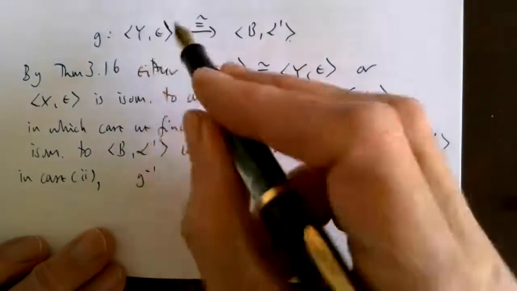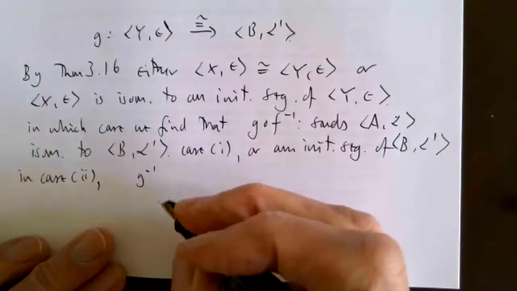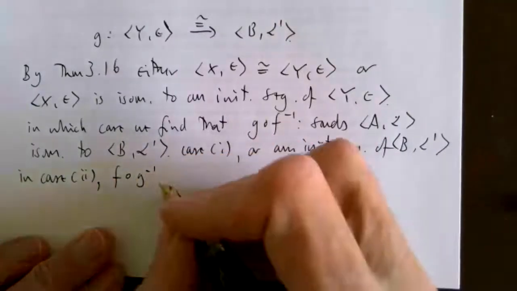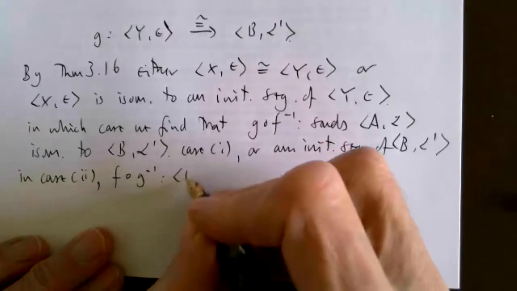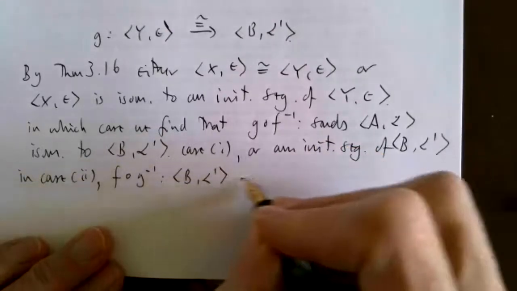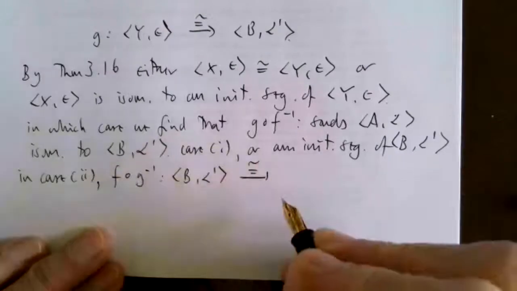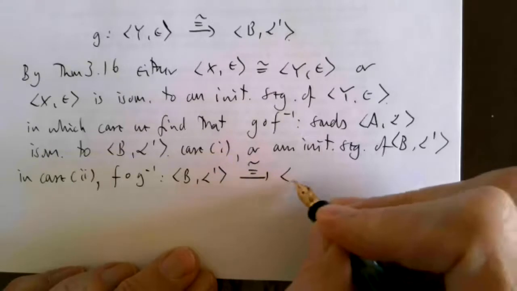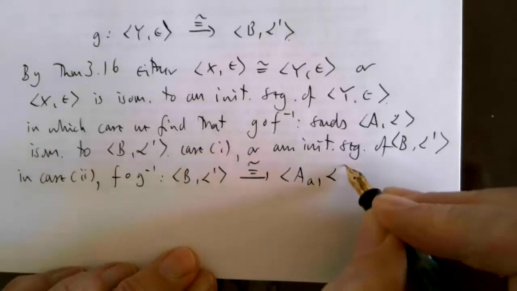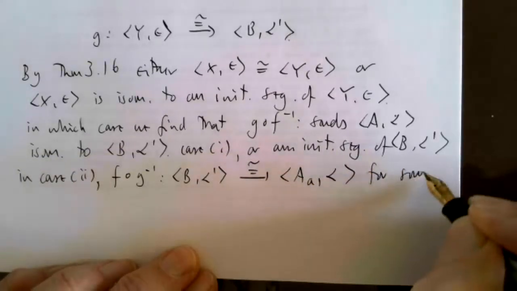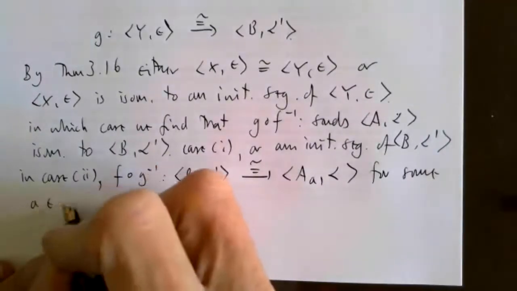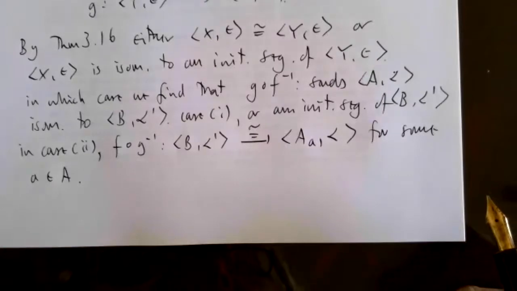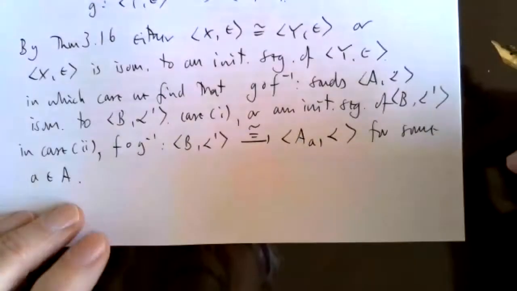But y is then an initial segment of x here, so I compose that with f here, and that's going to take b less than prime isomorphically into some initial segment of a. Which is for case 3 here.